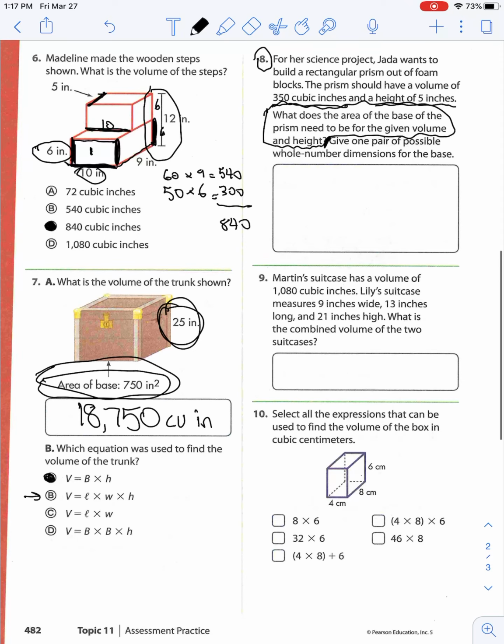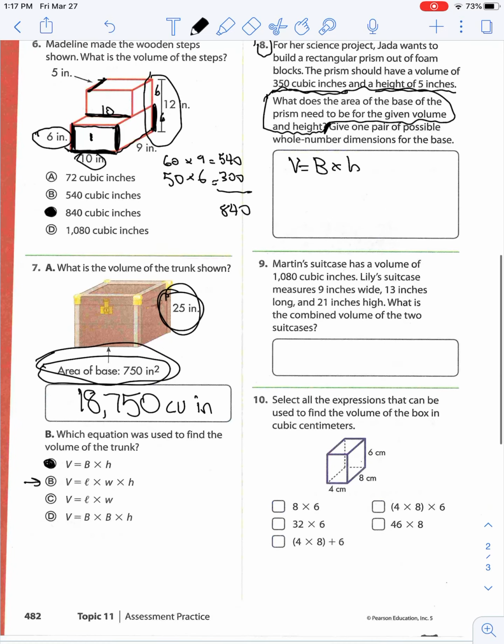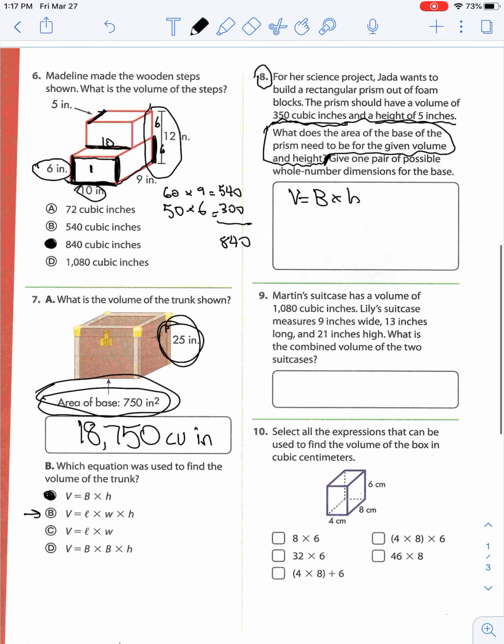We know that volume is equal to base times the height. And in the question above, they gave us the volume, 350, equals the base, which we don't know, times 5 inches, because the 5 inches is the height.